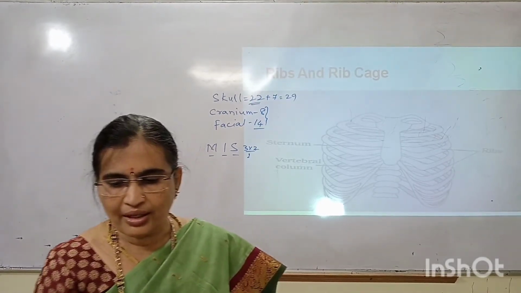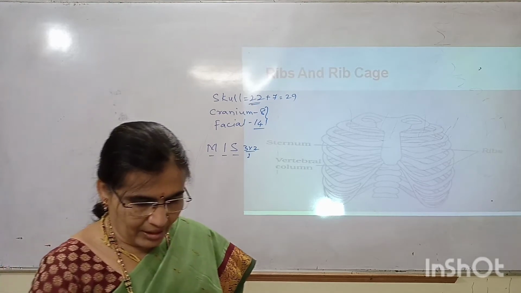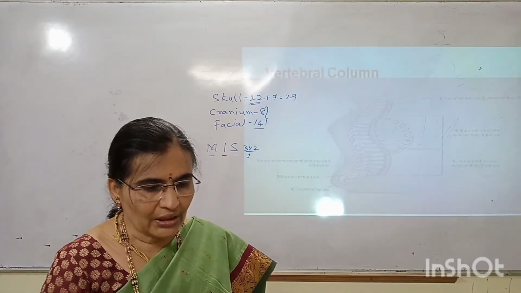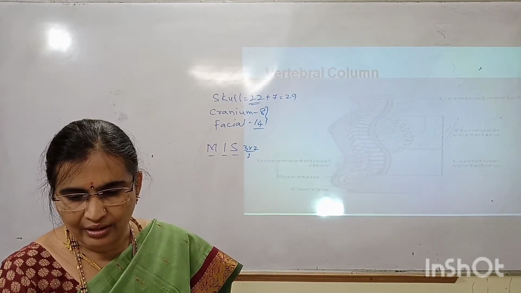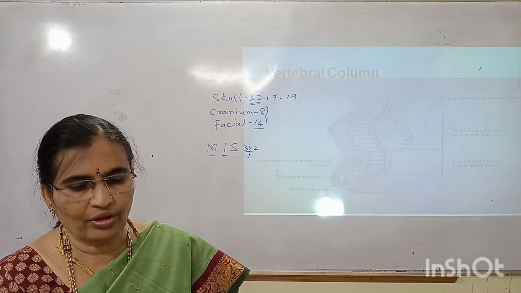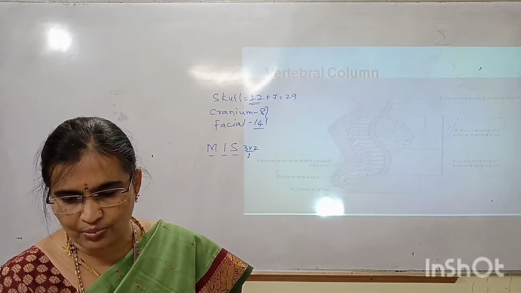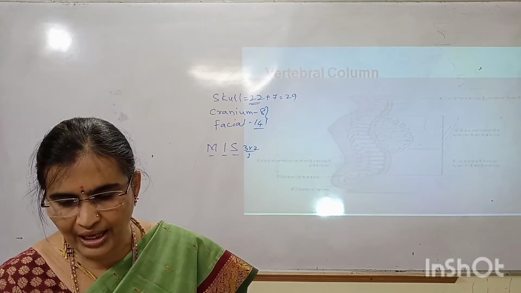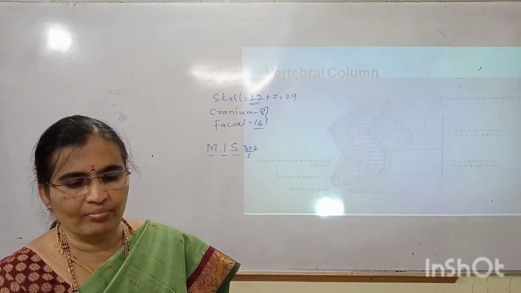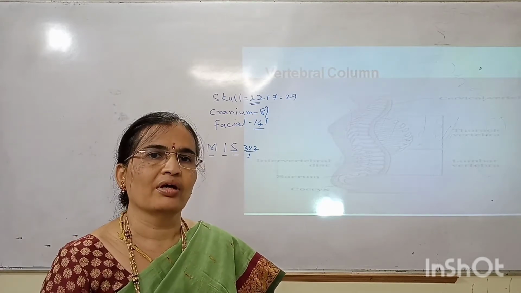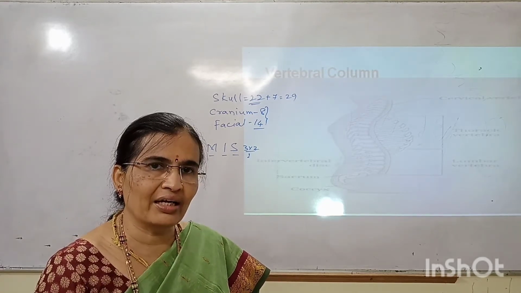Next, the vertebral column. Totally, how many bones are there? Totally there are 26 bones. The vertebral column is present dorsally, and the sternum is present ventrally.